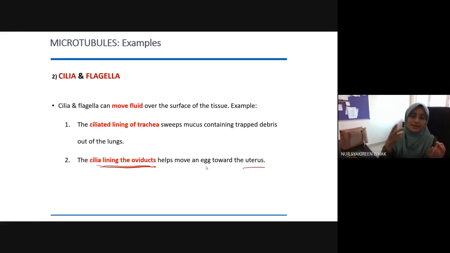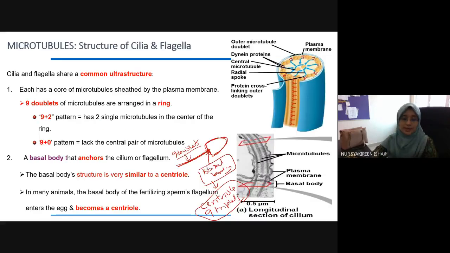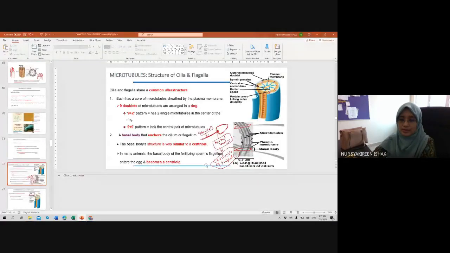Tapi the egg or secondary oocyte ni dia bukan macam sperm cell, dia tak ada flagella that allows the egg to be able to swim. So how to help in the movement of the egg? By the beating motion provided by the cilia. So cilia tu akan push the secondary oocyte forward until it reaches the uterus. So that is the function of having cilia that line the oviduct: helping the movement of the secondary oocyte.